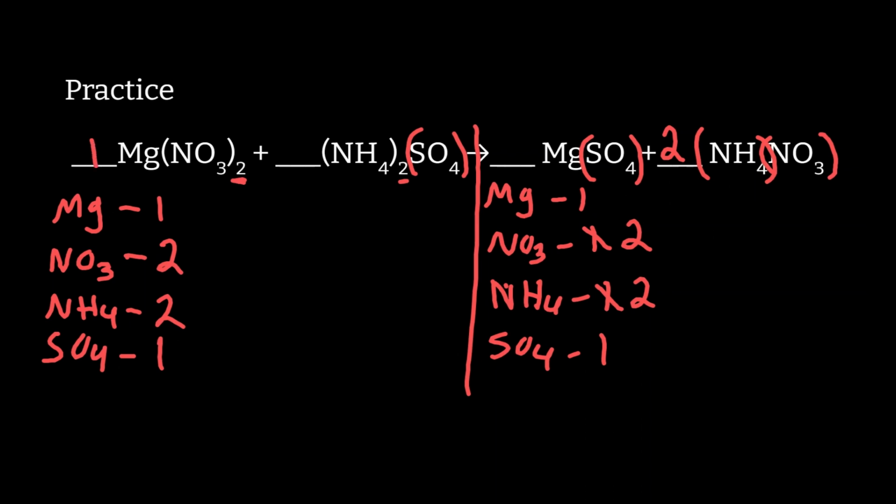Now we're able to go ahead and place ones in as placeholders in these leftover spaces for the coefficients, and we have balanced this equation. So making sure that whenever we have a polyatomic on both sides of the equation, it is going to be extremely helpful to keep that together as a single unit in order to save time when balancing.